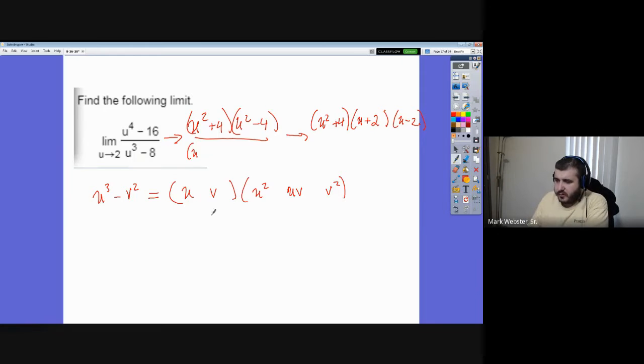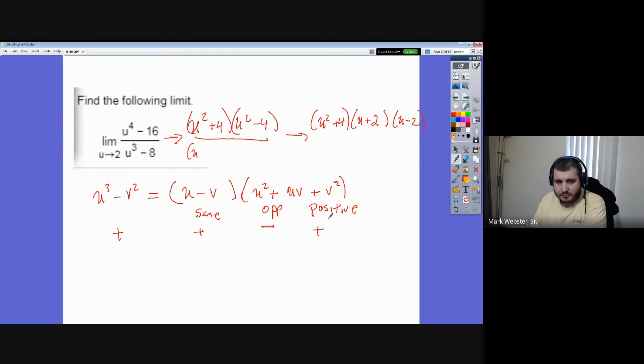So the rule, the way that it goes, this is the formula for expanding it. And then with the signs, it always goes same sign as whatever this is, opposite sign of whatever this is, and positive. So if this is a minus sign, it goes minus, plus, plus. If it was a plus sign, it would go plus, minus, plus.